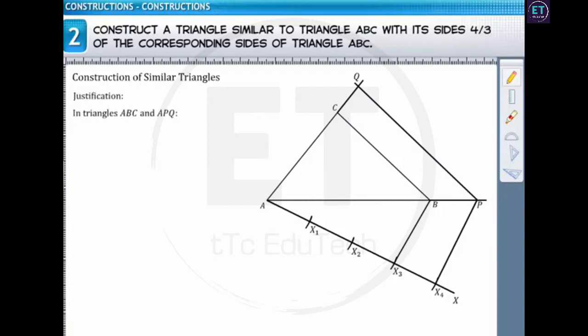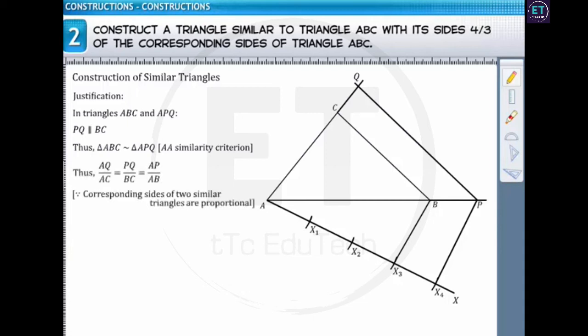In triangles ABC and APQ, PQ is parallel to BC. Thus, triangle ABC is similar to triangle APQ. Since triangles ABC and APQ are similar, their corresponding sides will be in the same ratio. Since X4P is parallel to X3B, triangles AX4P and AX3B are similar.